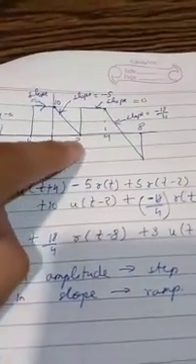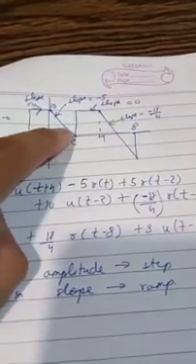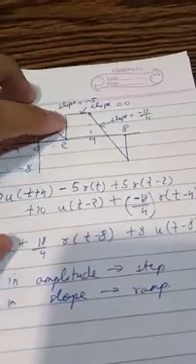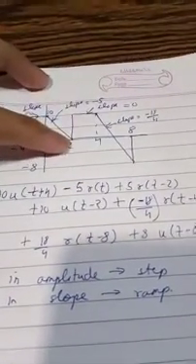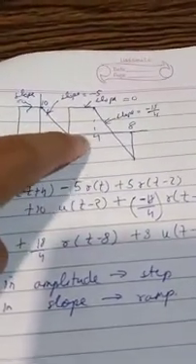Then at t equal to 2, there is a change in slope as well, and there is sudden change in amplitude also. We can see that there is a sudden jump in amplitude, and the slope is also changing. So the slope is getting reduced to 0 here.